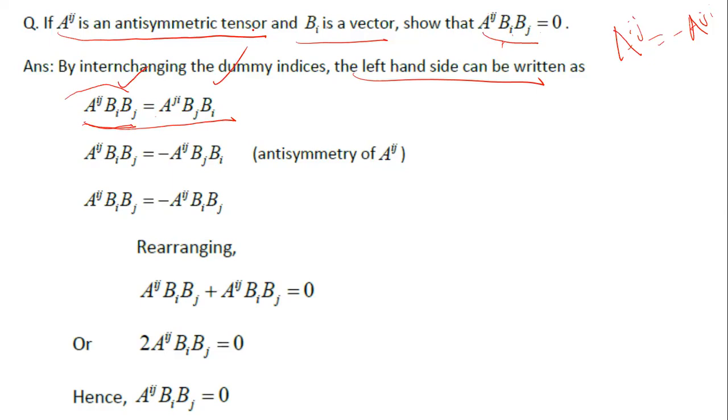Now if you use the antisymmetric property, that is aij is equal to minus aji, so aji is equal to minus aij, right? Antisymmetric. Now you transfer this to the right hand side, and you have 2 times this equal to 0. You divide 0 by 2, it is still 0. So this property you can prove like this. Simple.